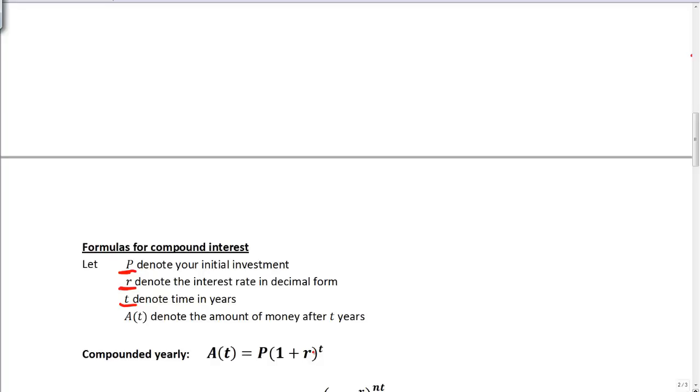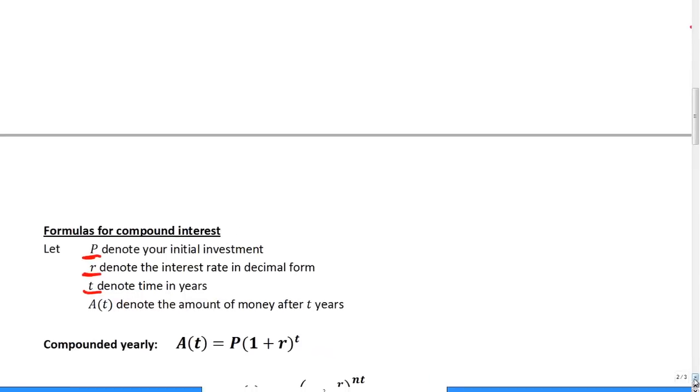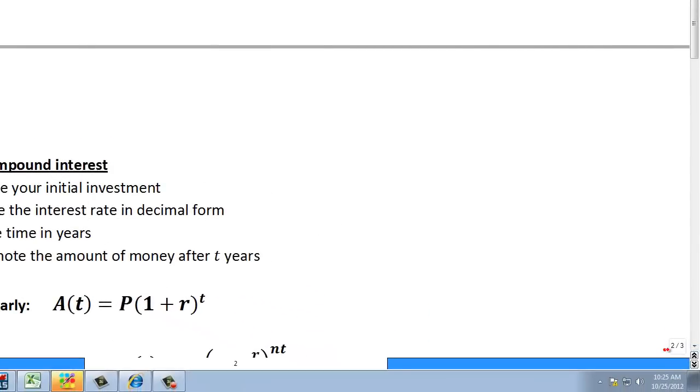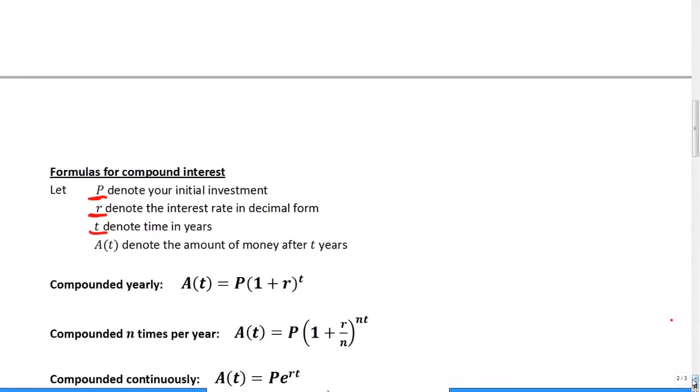Okay? So then you can imagine if the money's compounded more than 1 time per year, essentially you're just going to go through the same process I did above, n times each year, which means you would be multiplying the 1 plus R by itself n times for just 1 year, right?